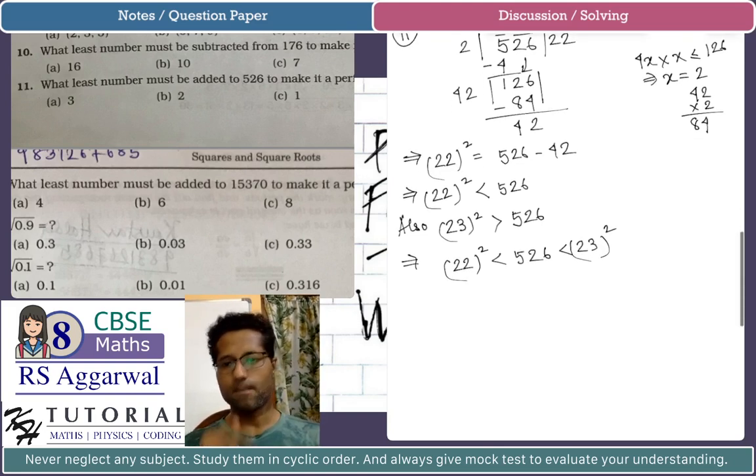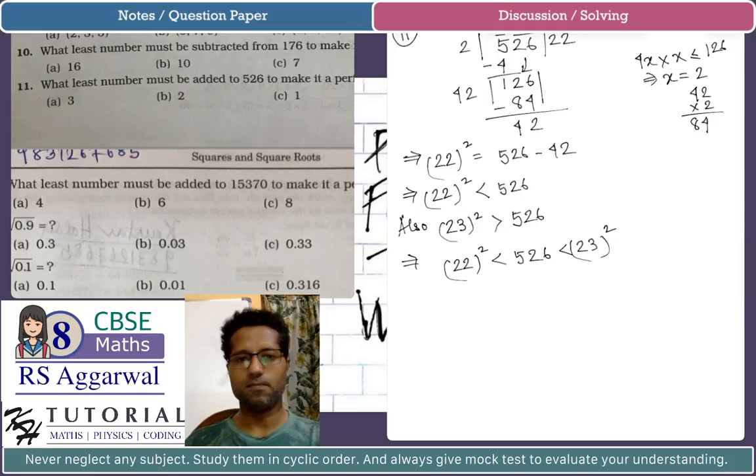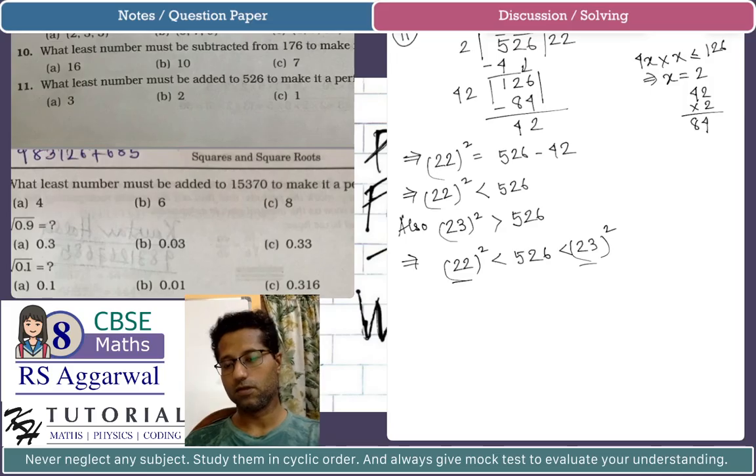So it is asking what is the least number that must be added. Now we see that 22 and 23 are consecutive numbers. So 22 square and 23 square are consecutive perfect squares.